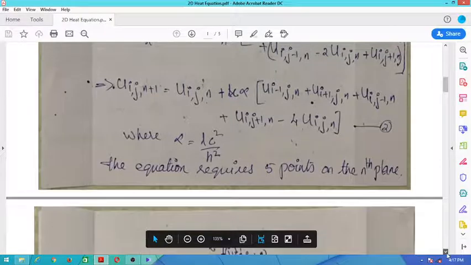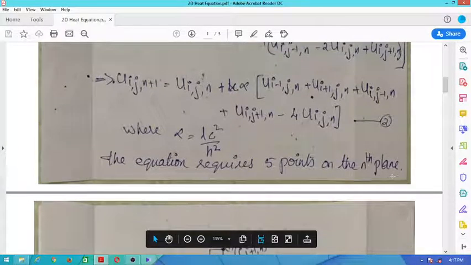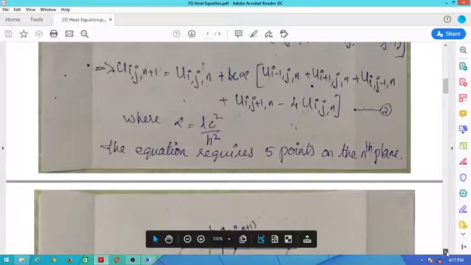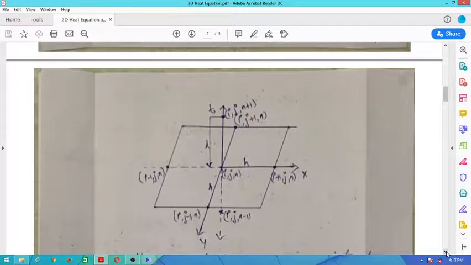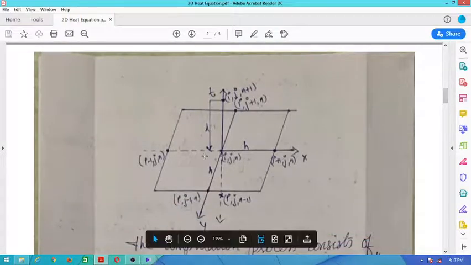Now this equation requires 5 points on the nth plane to determine a point in the (n+1)th plane. The pictorial representation is given here.